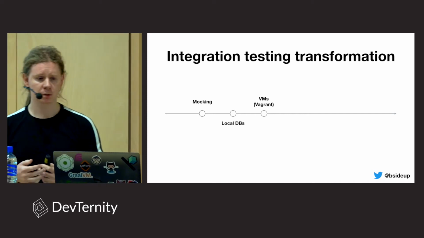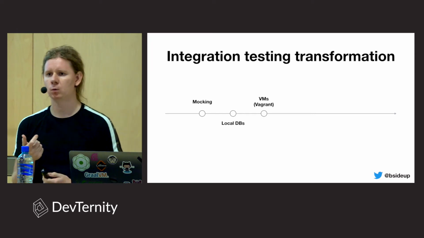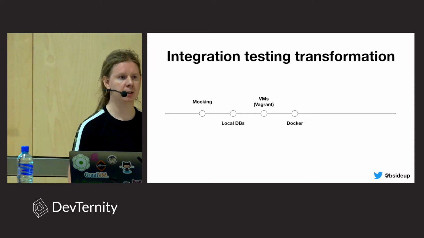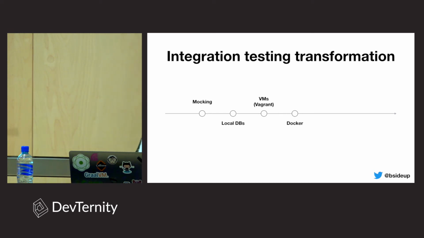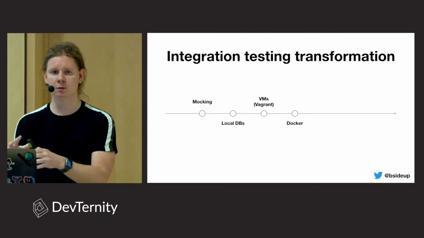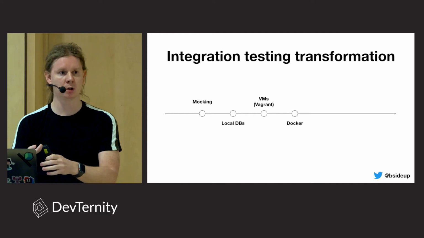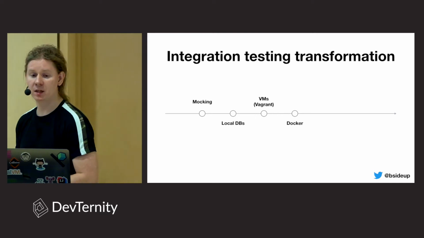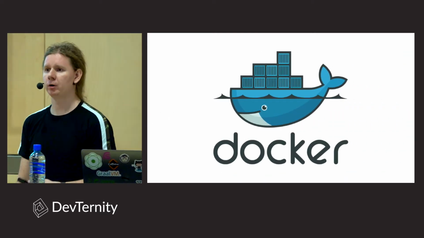And people started thinking like, okay, we have processes. Why do we start a full-blown virtual machine just for the process? If we can isolate processes and start them in isolation on the same virtual machine, for example, or on the same host. And this is where Docker became a thing. And what is Docker?